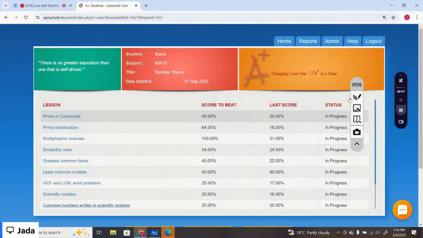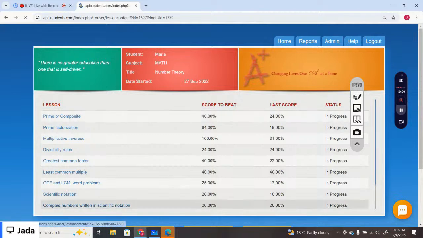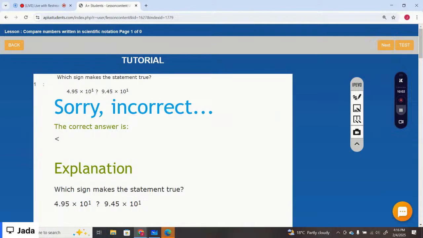The next lesson is compare numbers written in scientific notation. Which sign makes the statement true? 4.95 times 10 exponent 1 and 9.4 times 10 exponent 1.